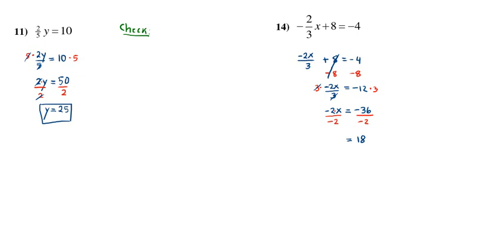And on the left side, negative 2 divided by negative 2 gives us 1, positive 1x. So the x is now alone and it's positive, so this would be the solution. X is equal to 18. For this one as well, I will leave the check for you to do.